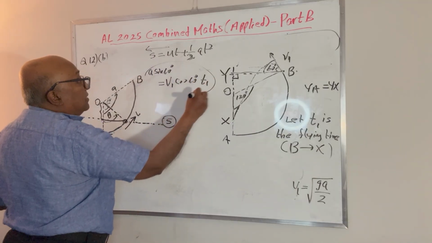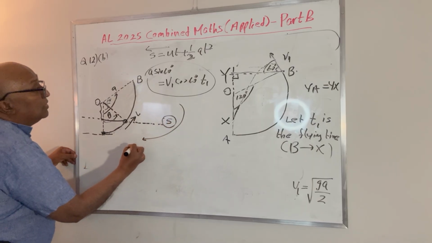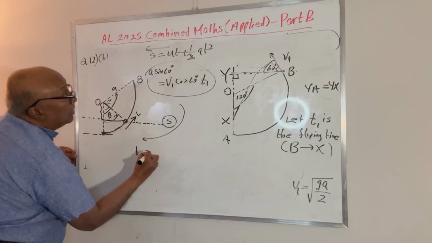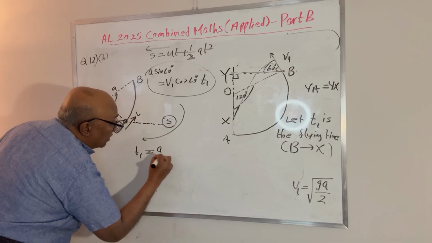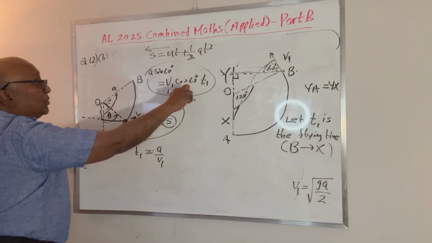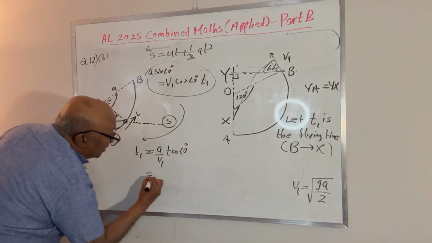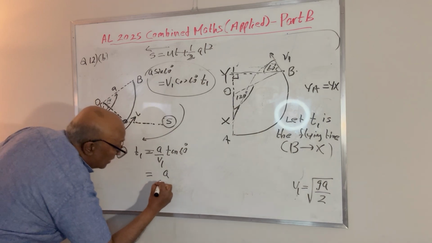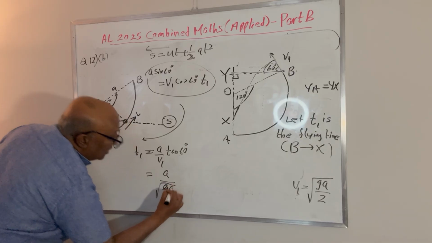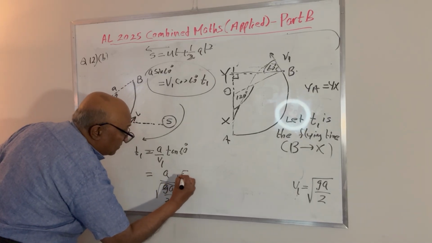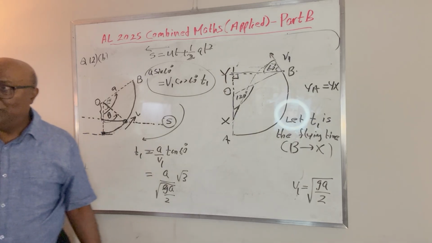Using this result, let's find the value of T1. T1 equals a upon V1 times sin 60 upon cos 60, that is tan 60. a upon V1, what is V1 again, root of g a upon 2. Tan 60 is root 3. What's the final answer?